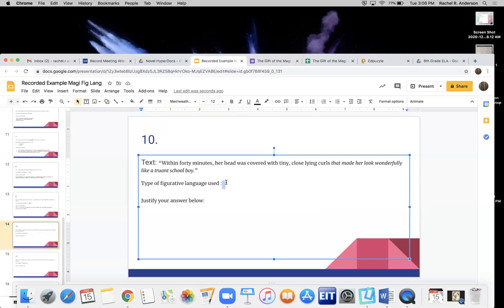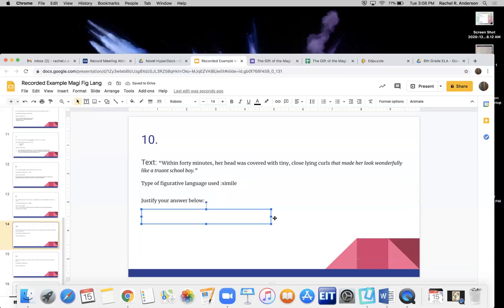The italicized font we need to pay attention to says curls that made her look wonderfully like a truant schoolboy. So they're comparing Della to what a schoolboy with messy short hair would look like. And because they use like in their comparison, this is a simile.